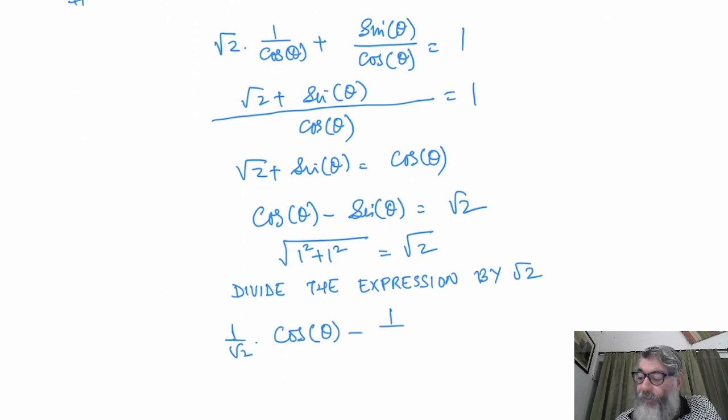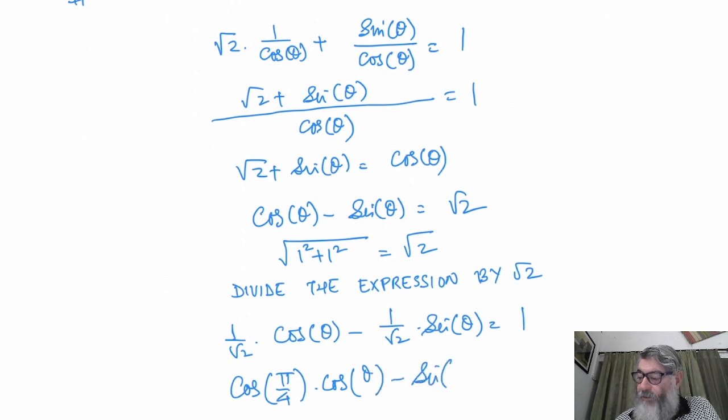And now again 1 upon root 2 can be written as cos 45 or sine 45. I am writing it as cos pi by 4 cos theta minus sine pi by 4 sine theta is equal to 1.